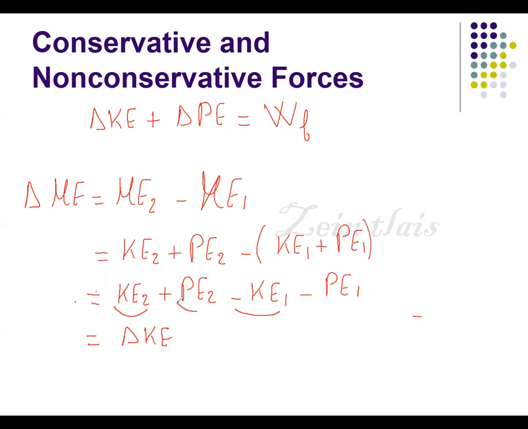Also, potential energy 2 minus potential energy 1 equals delta potential energy. So delta kinetic plus delta potential equals delta mechanical.